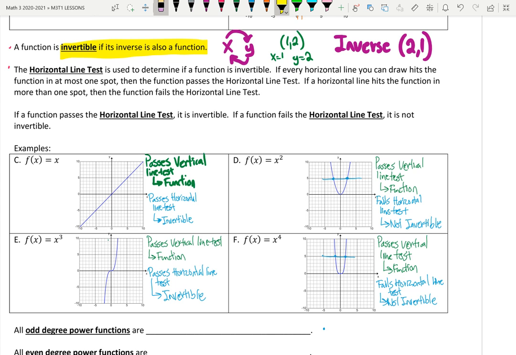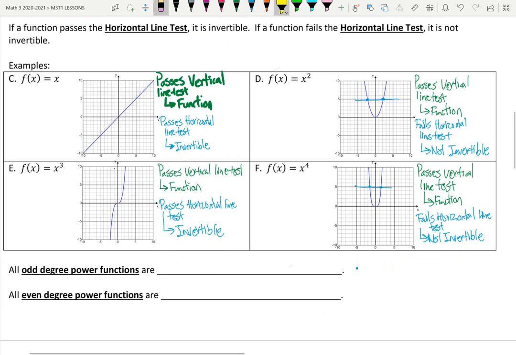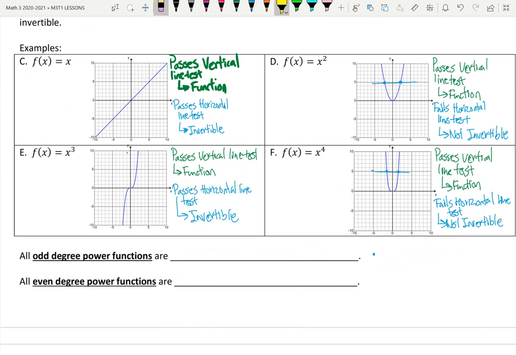What we can conclude is notice how D and F, they both pass the vertical line test and they both fail the horizontal line test. Squared, to the fourth.